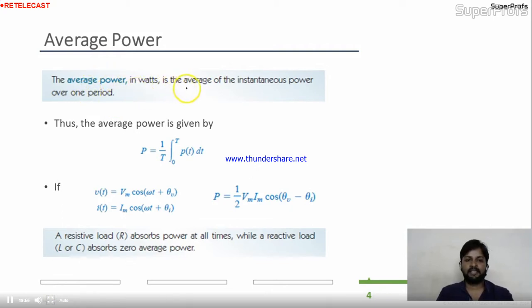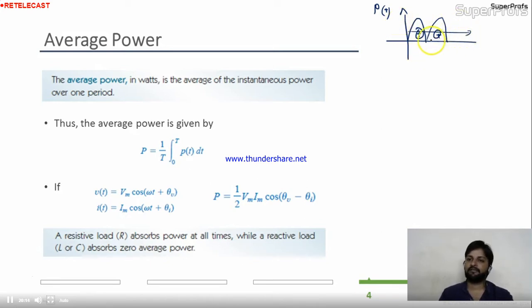The average power in watts is the average of the instantaneous power over the period. Suppose this is the period. In one period, if this is the instantaneous power, I'll take the average of this. And why am I taking the power graph like this?